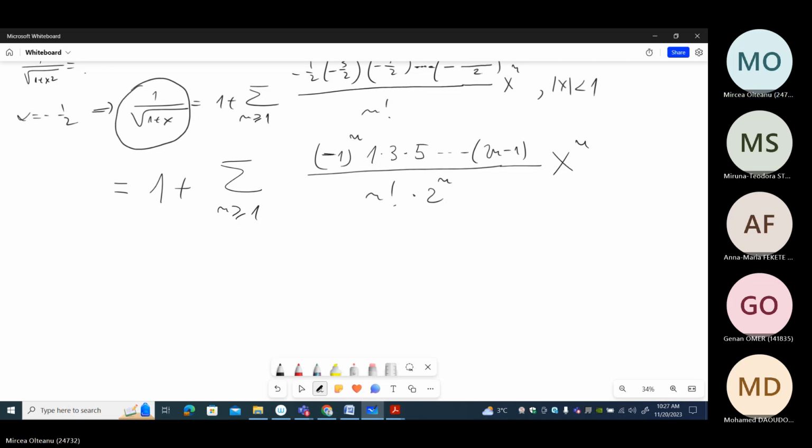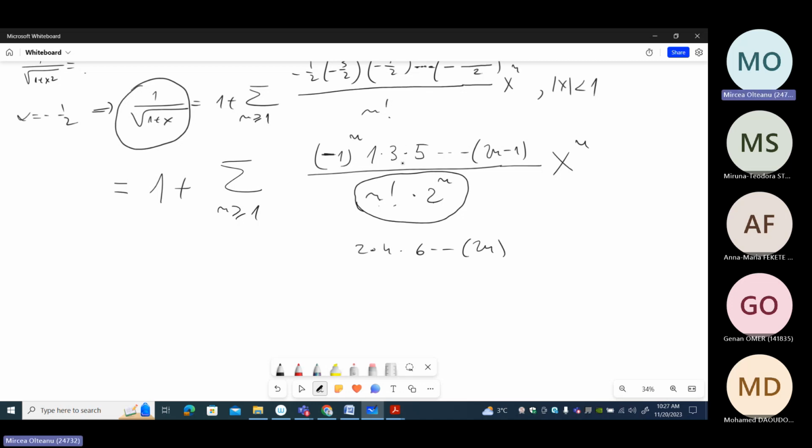Now, we can leave it as it is, or if you want, you can change a little bit the denominator, because n factorial times 2 at n means this. Instead of writing this product, it's a matter of taste, just take 1 factor from each 2, and you get 2 times 4 times 6 and so on times 2n.